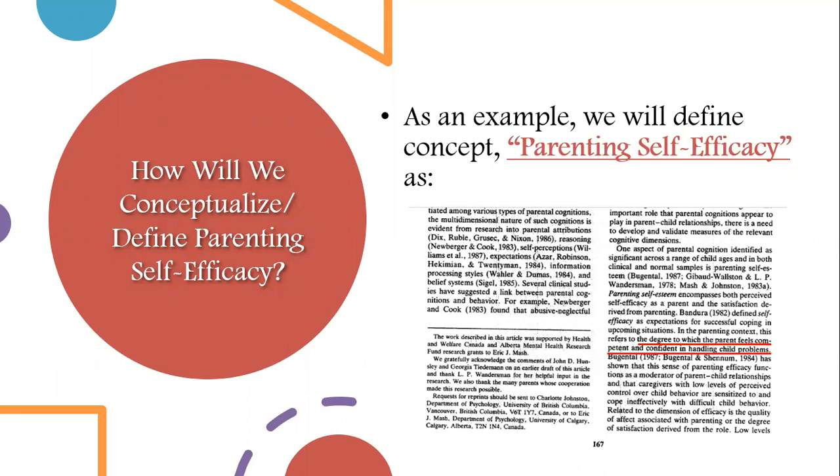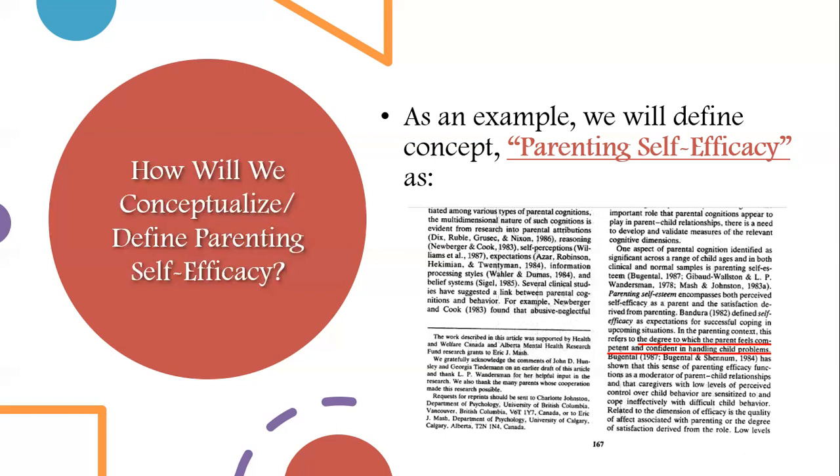But if we go back to the previous slide, we see that there were about 6 different concepts or variables on that slide. If we were actually doing a study, we would have to define all of them, not just parenting self-efficacy, but just for the sake of time, I'm only defining this one variable so that you can get a sense of what we mean when we say conceptually define a variable. Notice that the definition here comes from a research study. I didn't just pull this definition out of thin air.